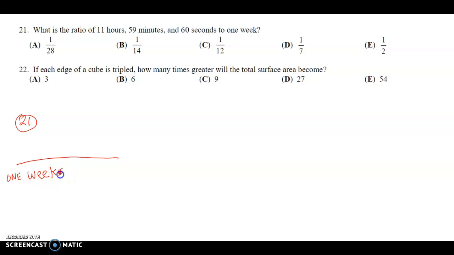In terms of seconds, I know there's 7 days in a week. Each one of those days has 24 hours. Each one of those hours has 60 minutes, and each one of those minutes has 60 seconds. I'm not multiplying this because I'm going to be reducing.